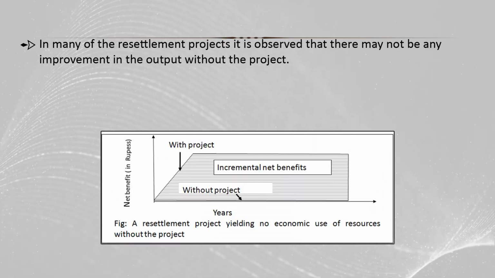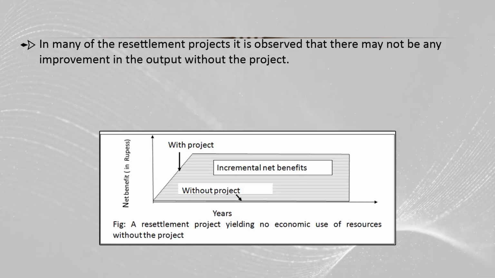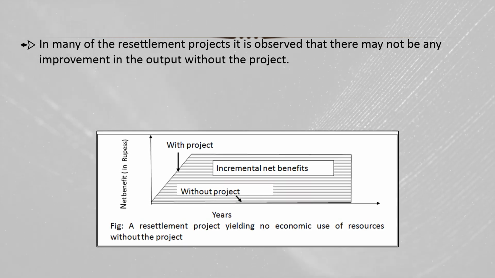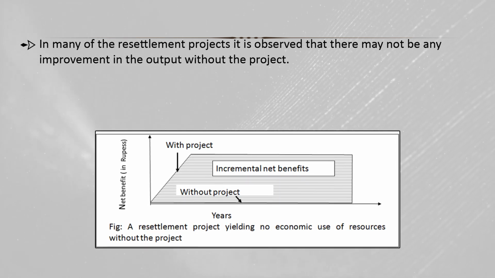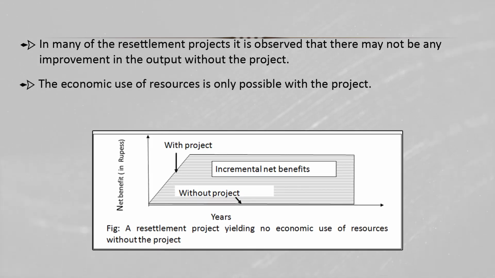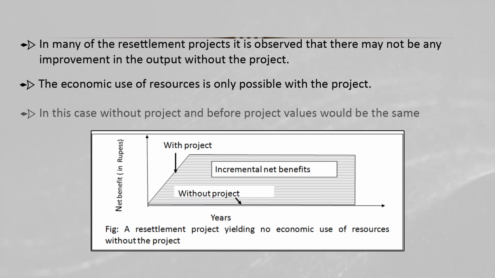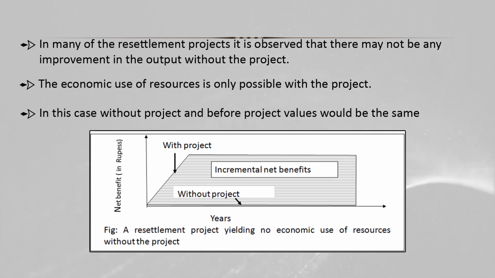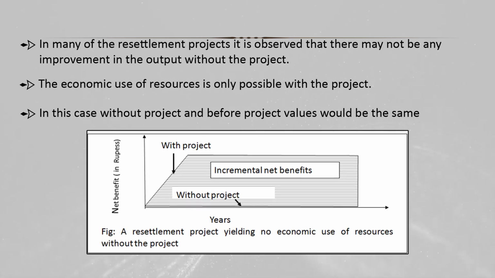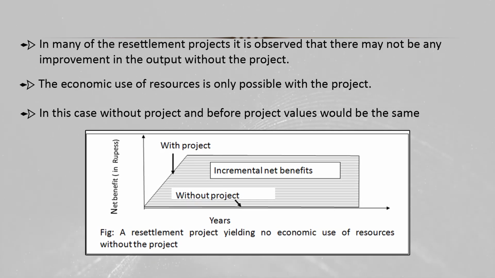Then in many resettlement projects, it is observed that there may not be any improvement in the output without the project. The economic use of resources is only possible with the project, and in this case the without-project or before-project value would be the same. So if there is no project, there will be no production activity, like in resettlement projects.